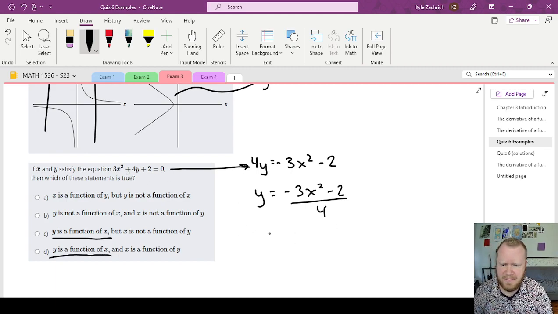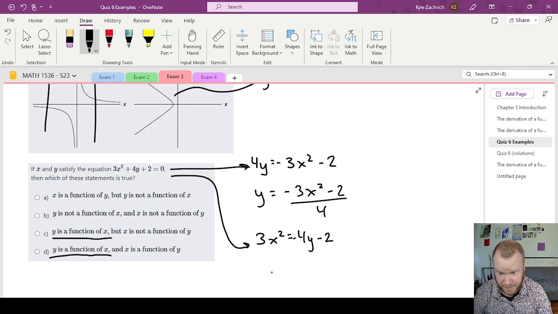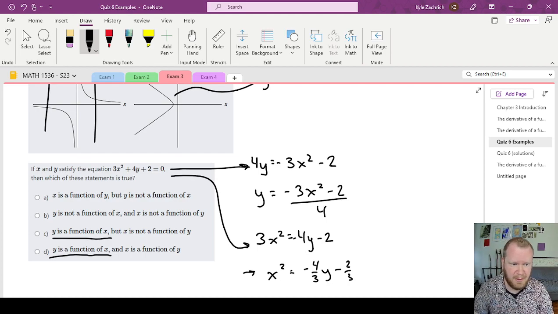But if I try to solve this equation for x, I would get something like 3x squared is equal to negative 4y minus 2. And if I divide by 3, I get x squared is equal to negative 4 thirds y minus 2 thirds.